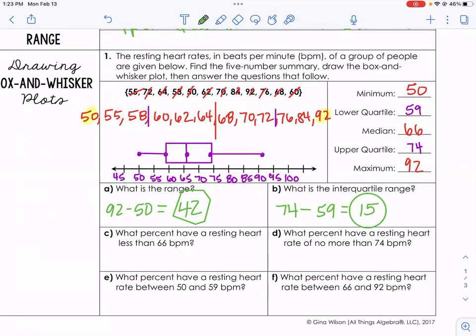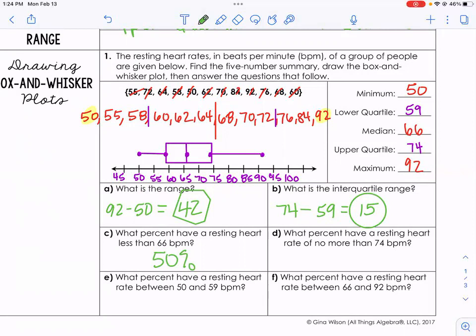Okay, so then this is where it gets fun, interpreting how much of the data is where. In part C, it says what percent have a resting heart rate less than 66 beats per minute. Well, 66 is our median. So how many people in this data set have a heartbeat less than 66, the median? 50%, because it says what percent.